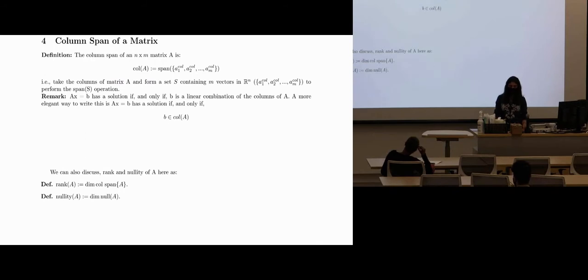Okay, and then from there, I think this week we defined the rank of a matrix and then the nullity of a matrix. So simply put, the rank of a matrix is just the dimension of the column span of A. Do we understand what we mean by a dimension?